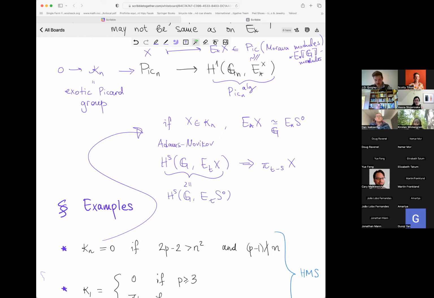Okay. And this algebraic isomorphism on the E2 pages gives you a fundamental class, let's say a generator, iota X in pi z, so that determines this isomorphism.